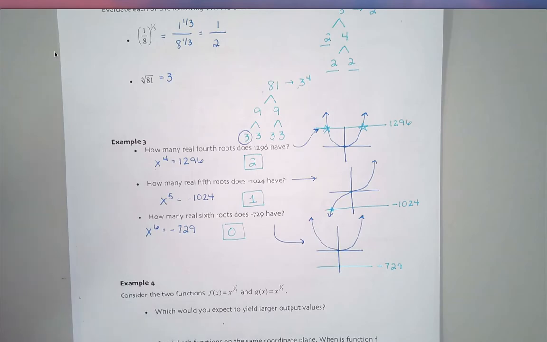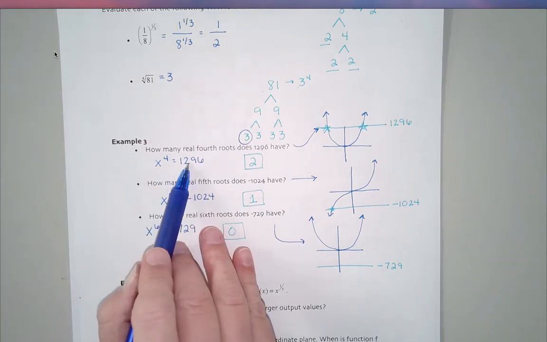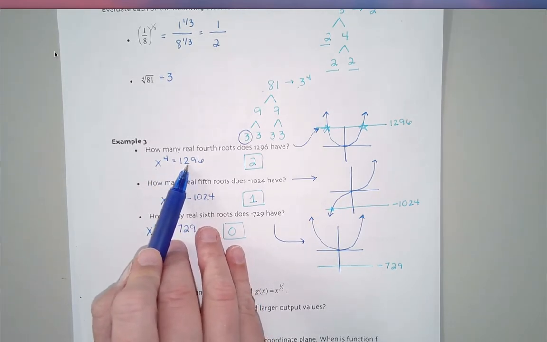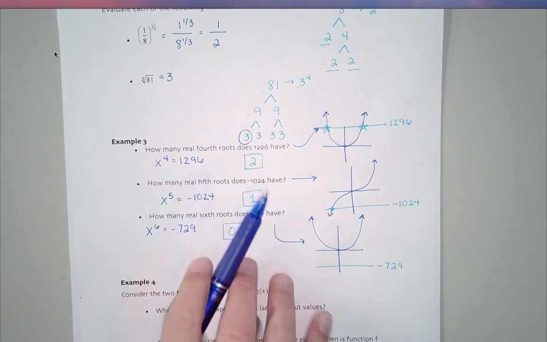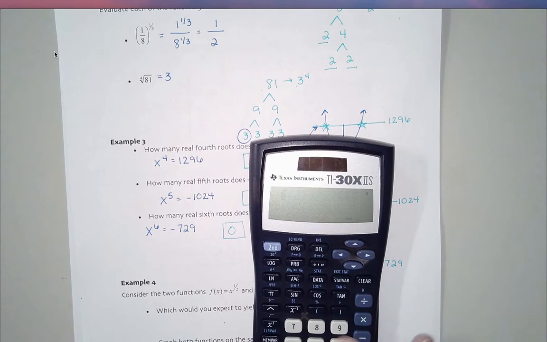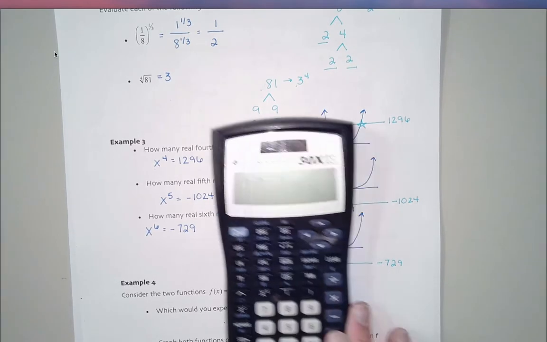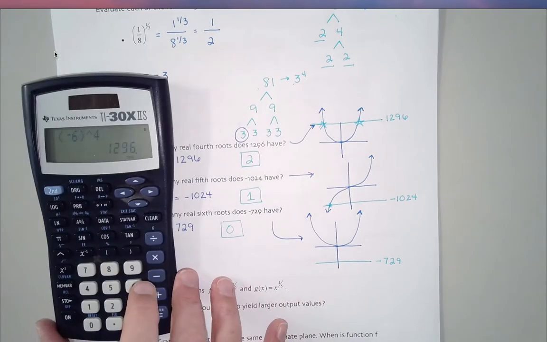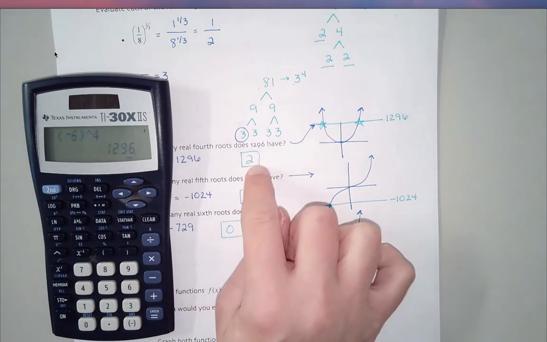In my calculator, when I do the 4th root of 1296, I get 6. That means that 6 or negative 6 would work here. I could do 6 to the power of 4, and that should give me 1296. I can also do negative 6 to the power of 4, and that would give me 1296. Sorry, I guess you can't see that very well, it's kind of faded. But that's why I have 2 solutions.